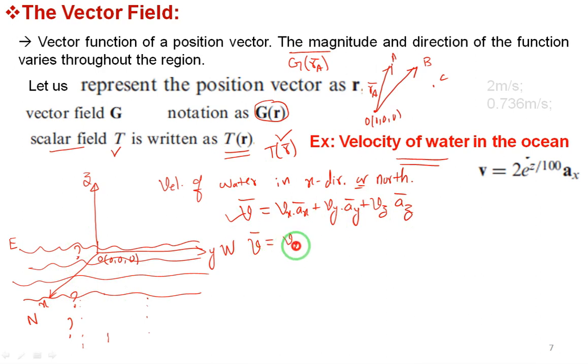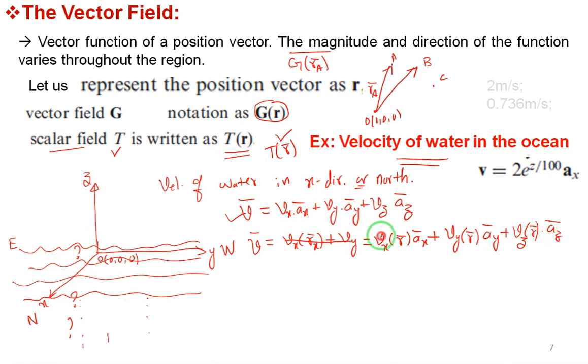So I will rewrite once again: Vx of the general position vector r into Ax vector, I should not leave out this unit vector, plus Vy of r vector into Ay vector, plus Vz of r vector into Az vector.